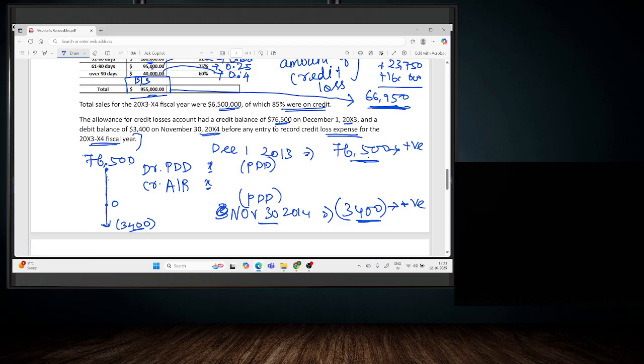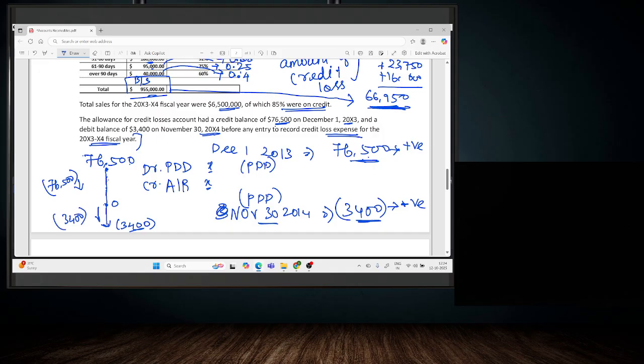So by how many rupees would you have reduced your provision for doubtful debts so that it reduced from positive 76,500 to negative 3,400? From 76,500 it reduced to 0. So there is a decrease of how many rupees? 76,500 rupees decreased. Did it stop at 0? No. The balance went to negative 3,400. So from 0 it reduced by another 3,400 rupees.